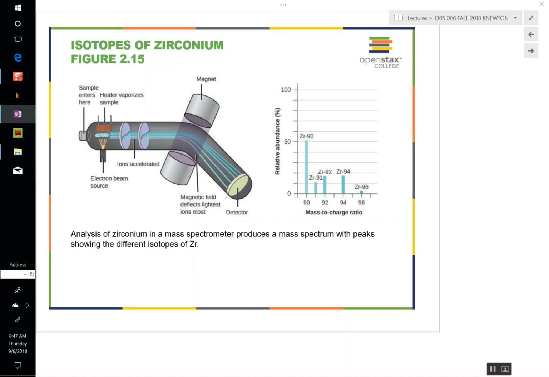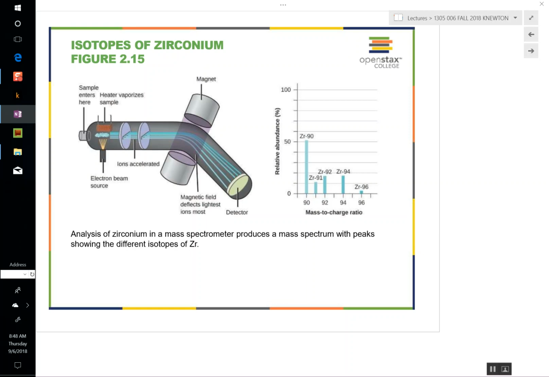So this is the most prevalent isotope. These two are about as prevalent, and then there's a very little bit over here of zirconium 96. But these are the 1, 2, 3, 4, 5 naturally occurring isotopes of zirconium and their relative abundance.